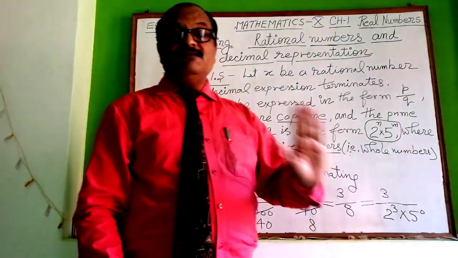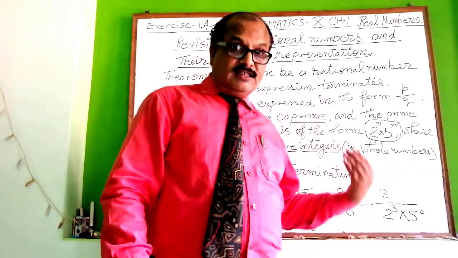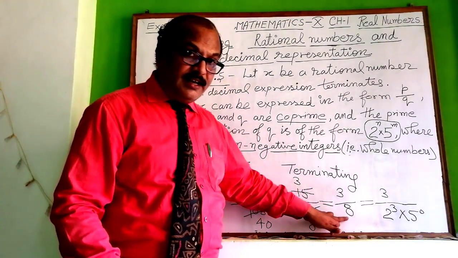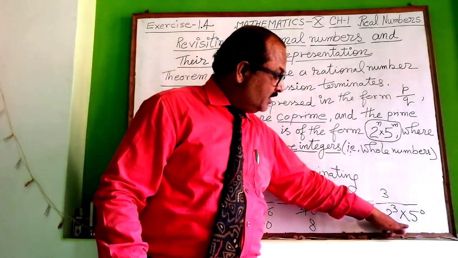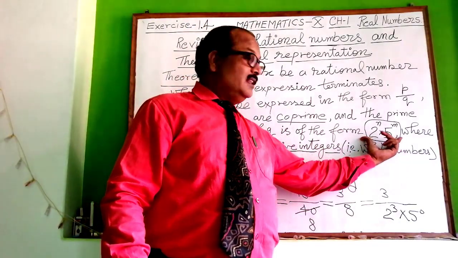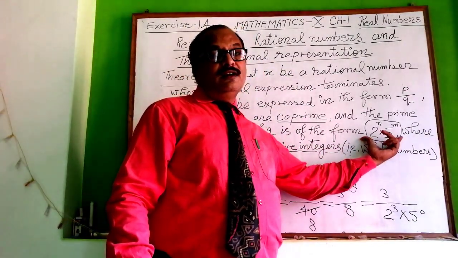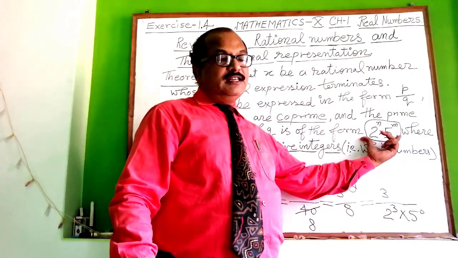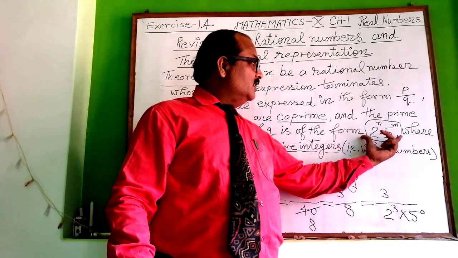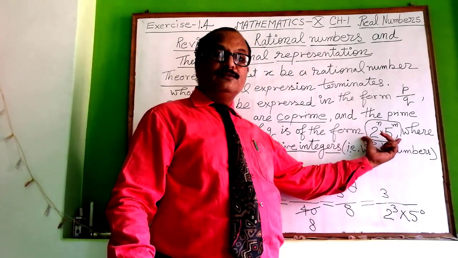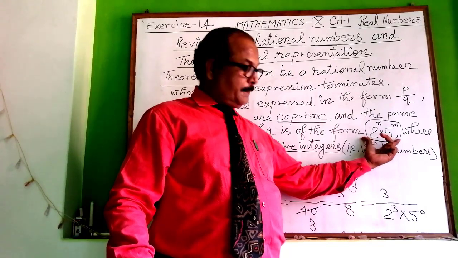Without division you can do it like this: adopt this process and see the denominator. If the denominator is coming in this form, whatever is written here, then you can say the number is terminating, and its decimal expression is terminating if the denominator is in this form, 2 raised to the power n into 5 to the power m.